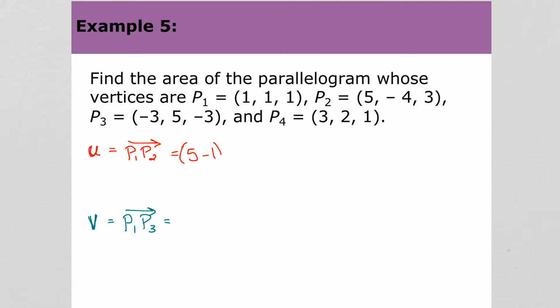So 5 minus 1, i, plus negative 4 minus 1, j, plus 3 minus 1, k, will give us u. That'll be 4i minus 5j plus 2k.